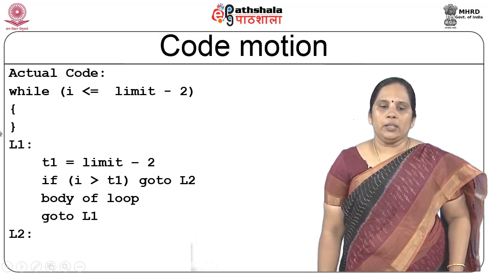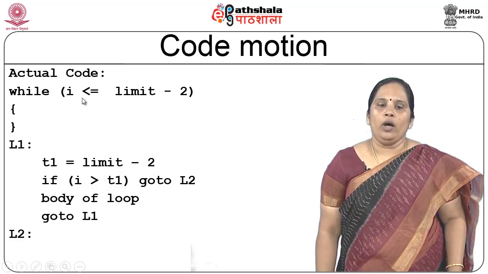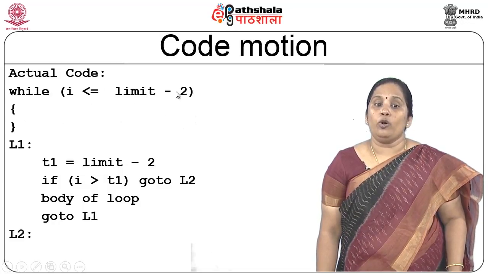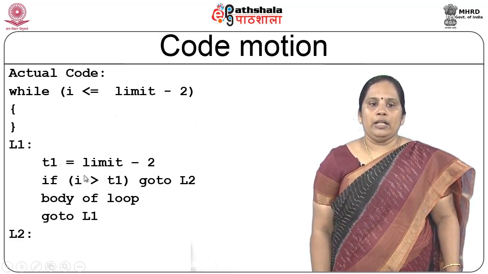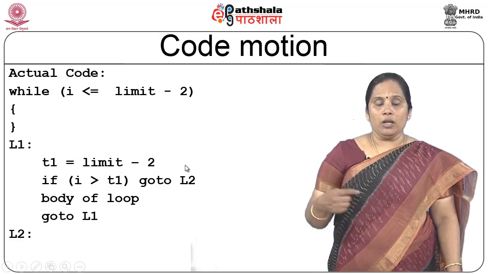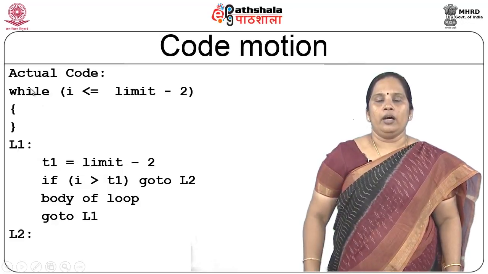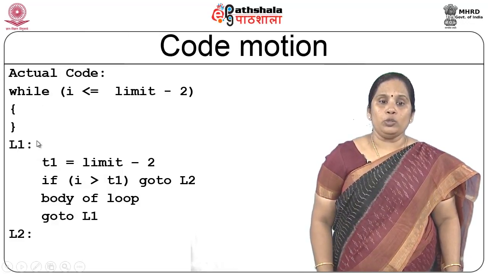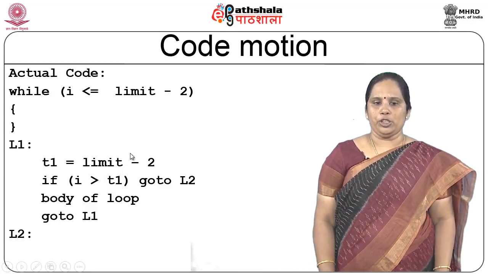Now, supposing within the body of the while loop the value of limit is not going to change, then this computation limit minus 2 has to happen as long as the while loop runs. Supposing this while loop runs for some n times, then limit minus 2 also has to be computed n times, which is going to be a waste of computation.